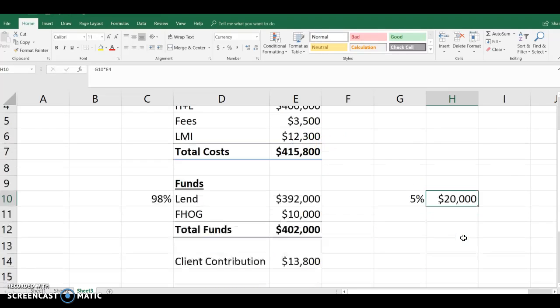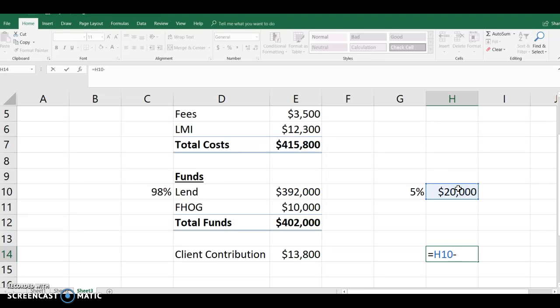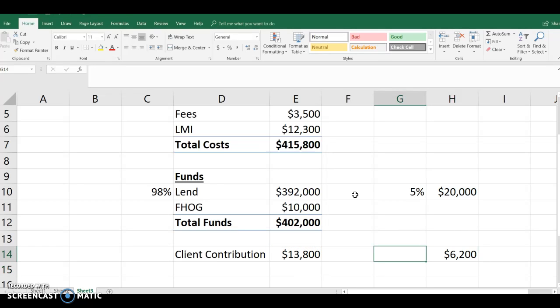So although they need to save $20,000, they will only need to contribute $13,800 of the $20,000. So that means that if they've saved $20,000 and they've at land settlement contributed $13,800 towards completing the transaction, then $6,200 is left in their bank account.